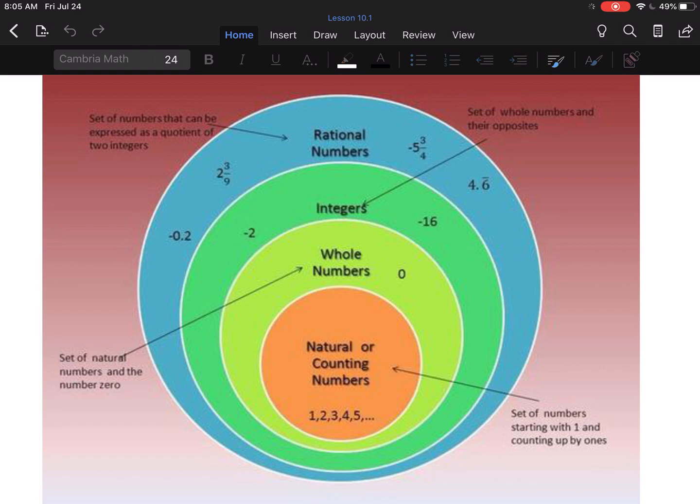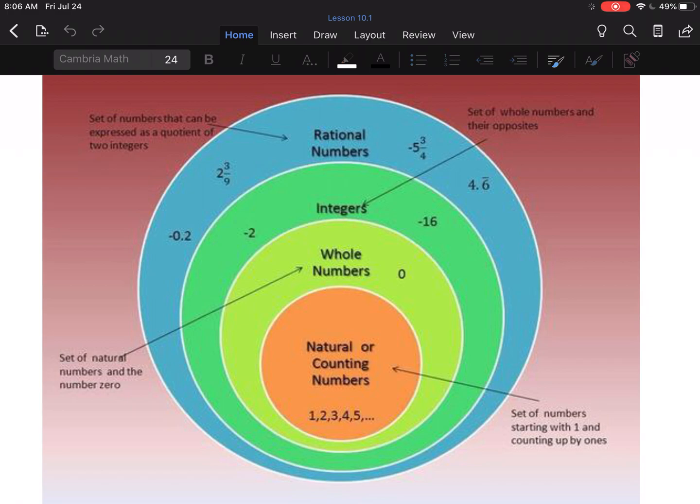Rational numbers are any number that can be written as a fraction, but those can be regular fractions, mixed numbers, decimals that end, decimals that repeat. Everything for us is a rational number this year.